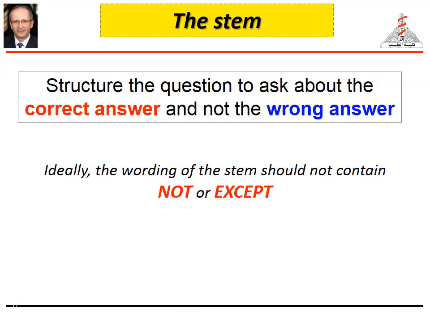Now, this is a very important slide. You should structure the question to ask about the correct answer and not the wrong answer. Ideally, the wording of the stem should not contain not or except. I'm sure that all of you can recall a lot of MCQs containing the words not and except.